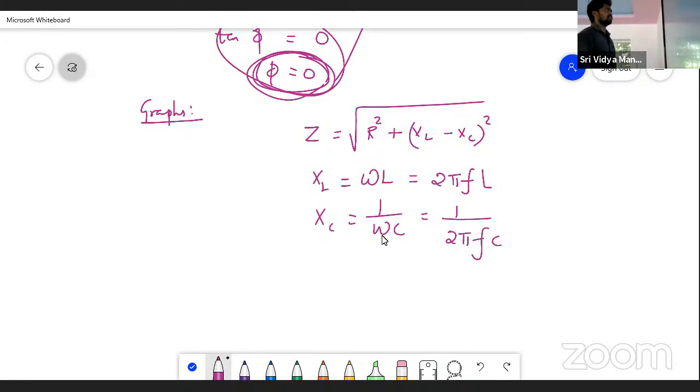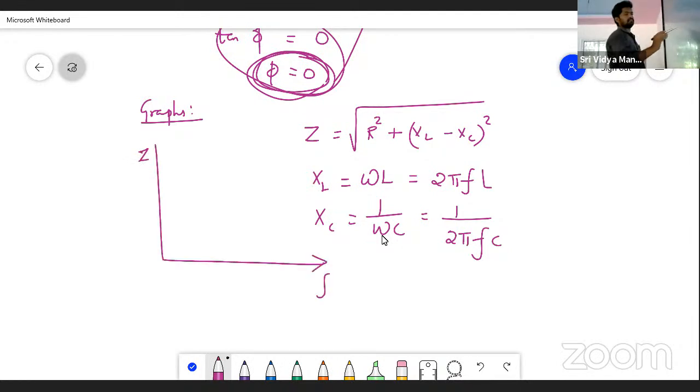So I want to take one graph, impedance versus frequency. Here FR is the resonance condition, the resonance frequency. It's a very important RLC circuit.